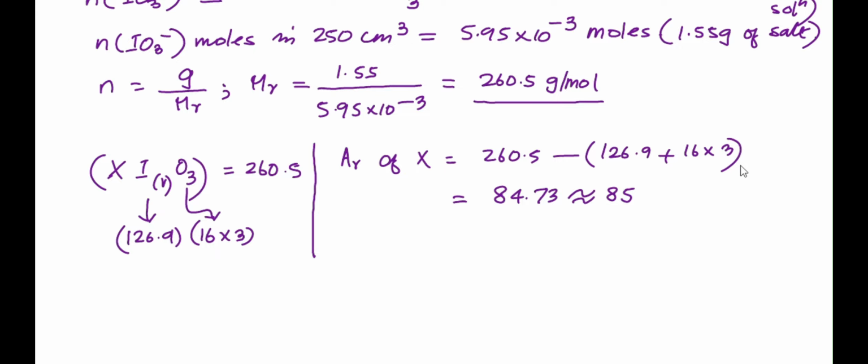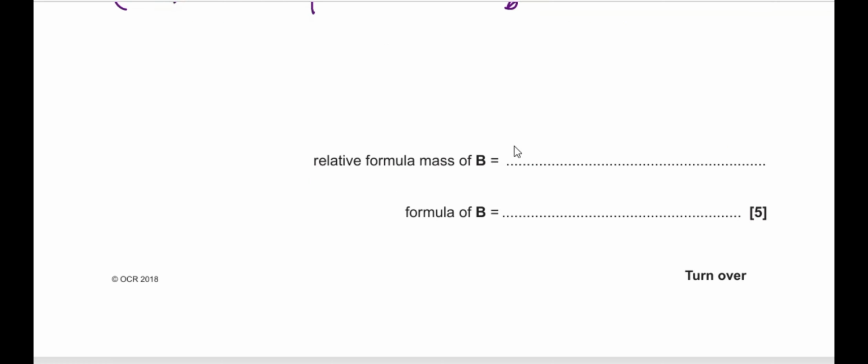Now let's look at the periodic table. Which element has got this atomic mass? It's rubidium. Therefore, relative formula mass of compound B is 260.50 g per mole, and the formula of B is RbIO3.